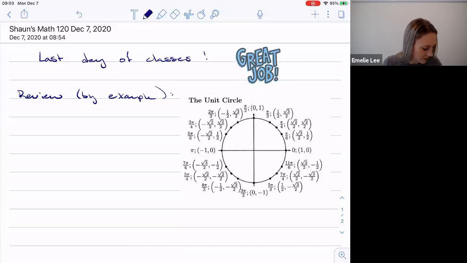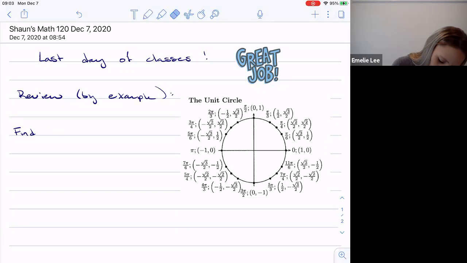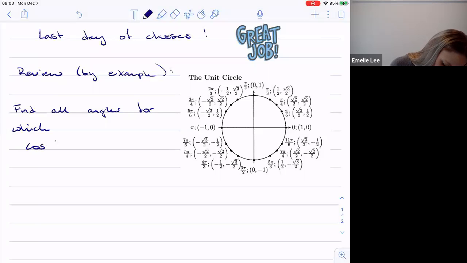So if we are doing an example like where we left off last day, let's say find all angles for which cos theta is equal to 1/2.